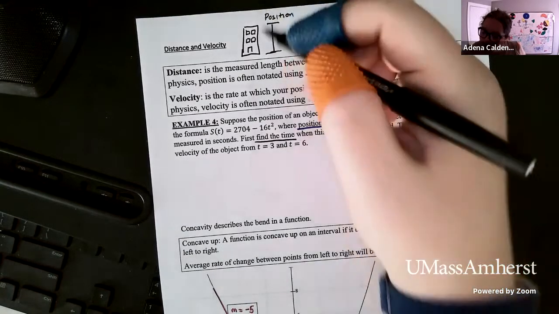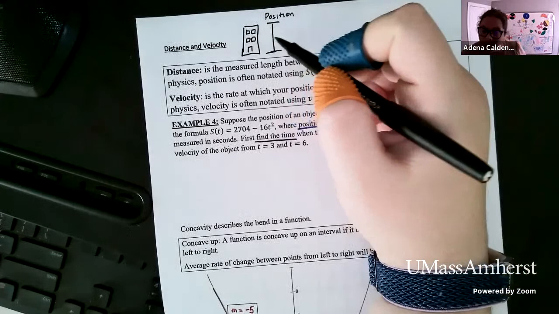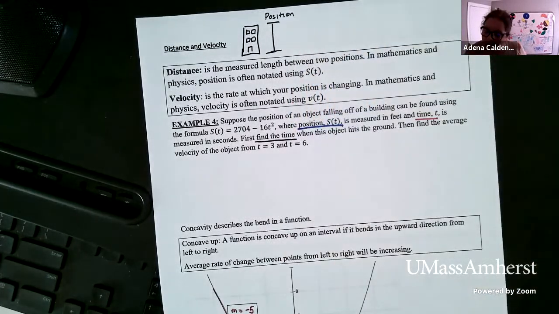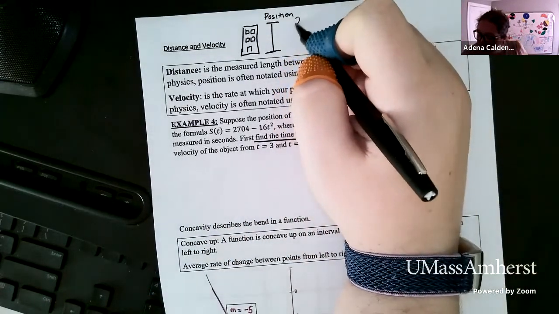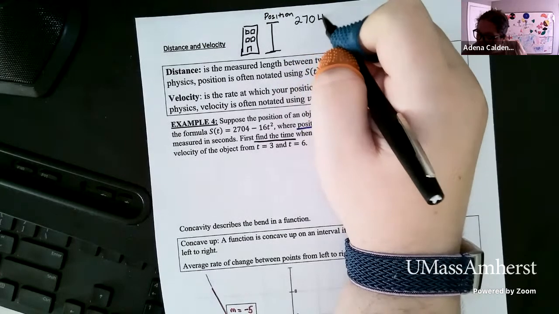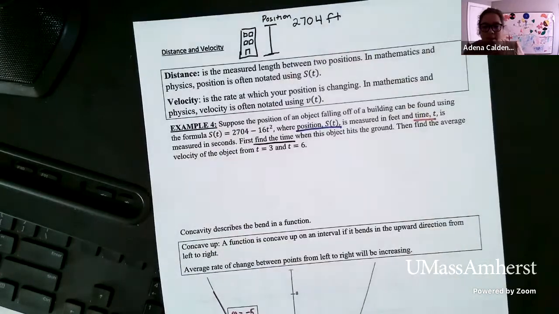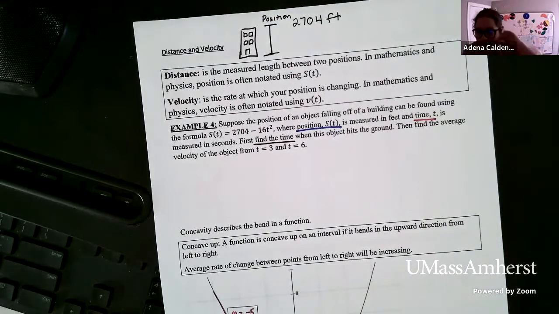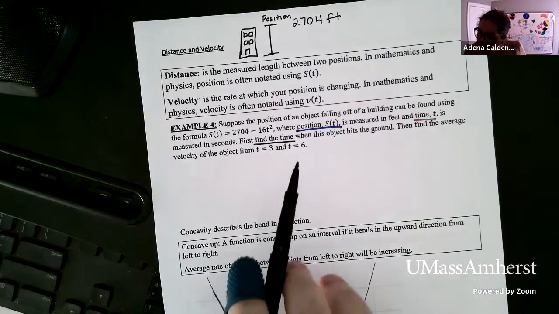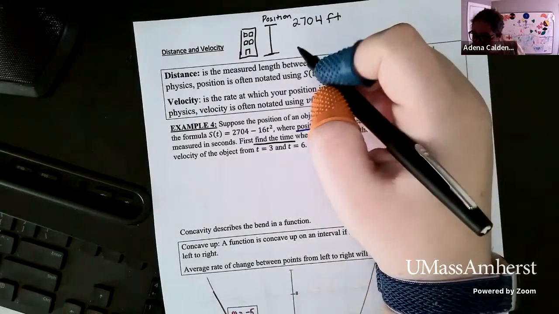If I think about the moment that this object starts falling off the building, that position is going to be the position when time equals 0. So if I were to plug a 0 into this function, the position here would be 2704 feet. That's the position of the object. It's 2,704 feet off the ground. I want to know the time when the object hits the ground.